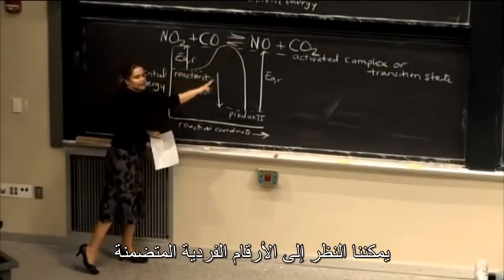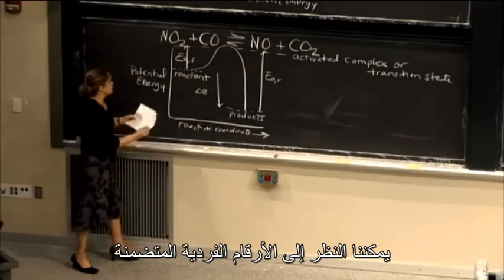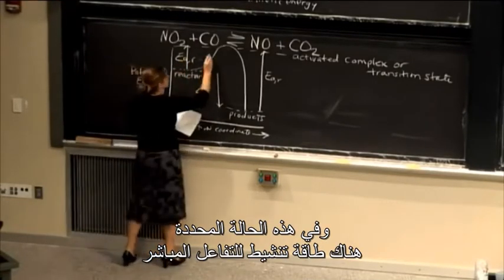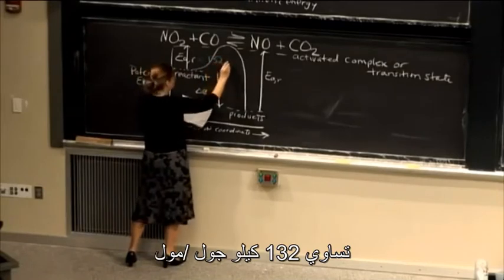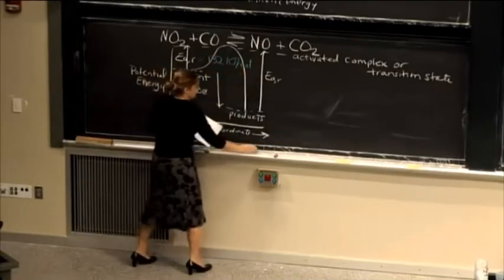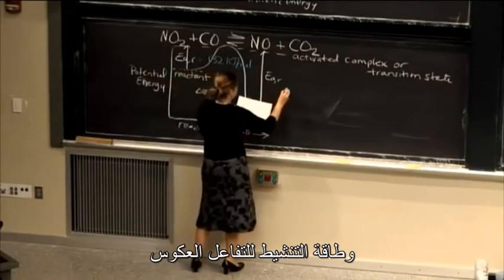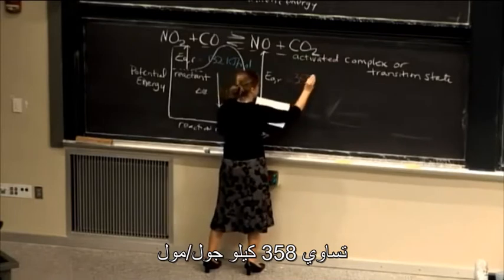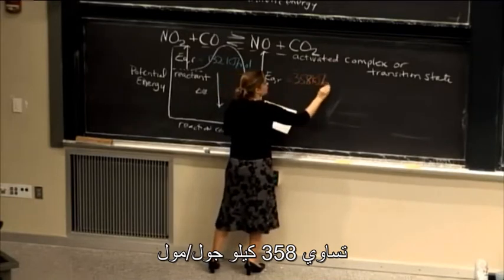So here we can talk about this general process. We can look at the individual numbers involved. In this particular case, there's an activation energy for the forward reaction of 132 kilojoules per mole, and an activation energy for the reverse reaction of 358 kilojoules per mole.